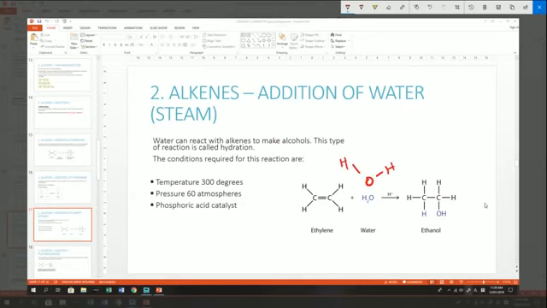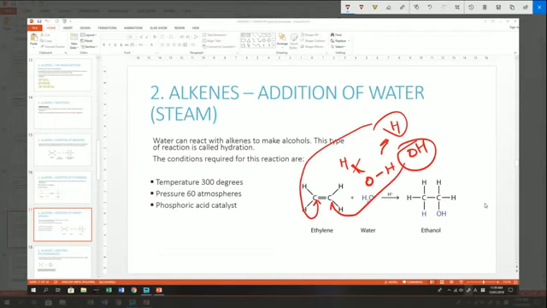The water will sort of break apart here, so you get H and OH, and the H will go over here, and the OH will go over here, and so therefore you must of course break the double bond of the carbons there, allowing for the extra bonds to occur, and so therefore you get this molecule here in the process. And because it now has the OH functional group attached to the carbon, then that is indeed an ethanol, or an alcohol, and we will be going through alcohols in the next few slides.